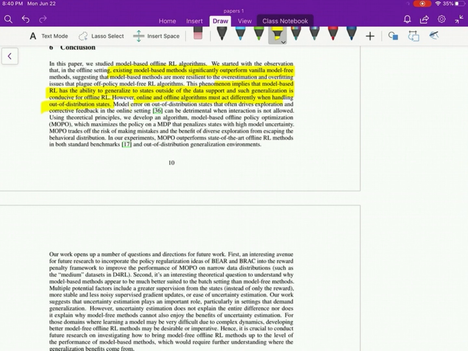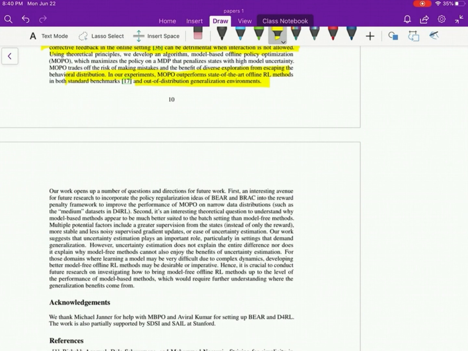Model error on out of distribution drives exploration and corrective feedback in the online setting, but can be detrimental when interaction is not allowed. Off-policy algorithms are not good for offline datasets. MOPO again performs state of the art in both standard benchmarks and out of distribution generalization.